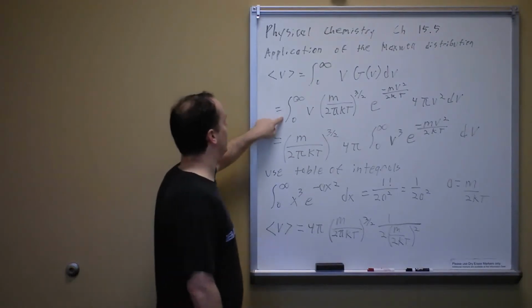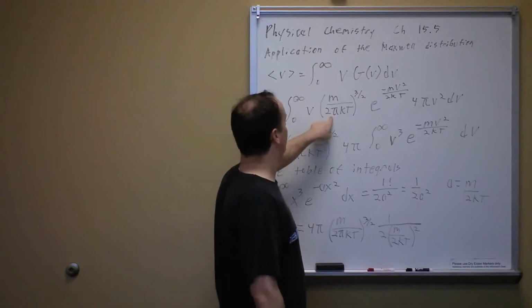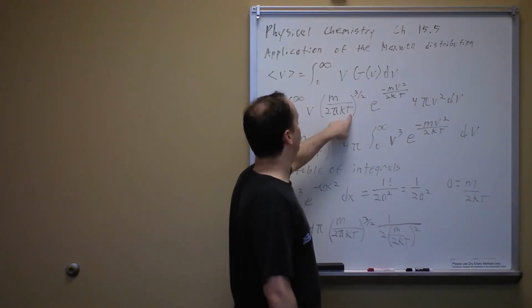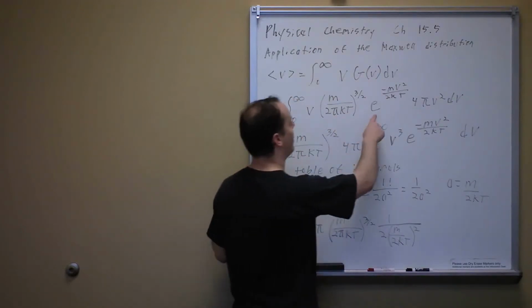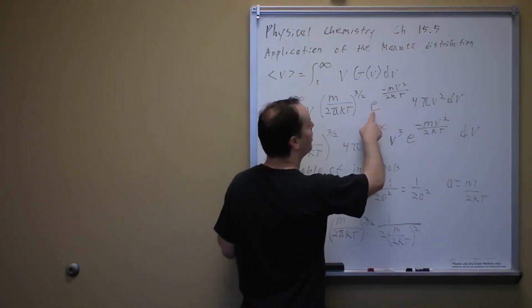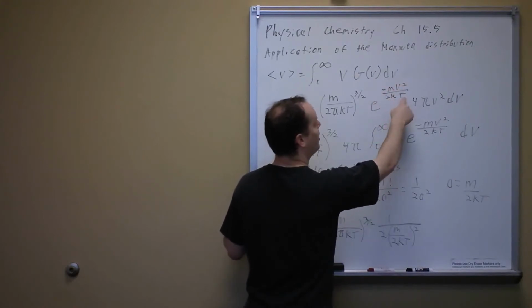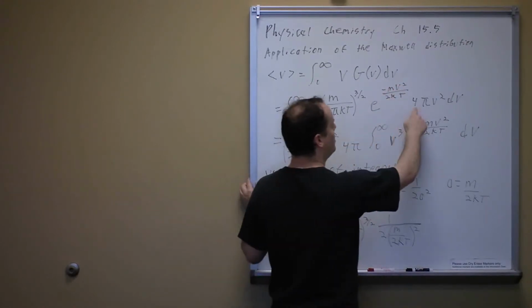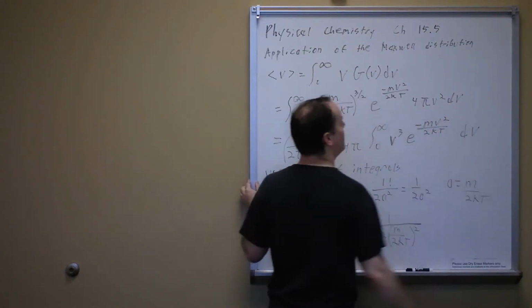So that's going to be equal to the integral from 0 to infinity of the speed times m over 2 pi kT, this to the 3/2 power, remember when 3 dimensions are down, times e to the minus m v squared divided by 2kT, times 4 pi v squared dv.